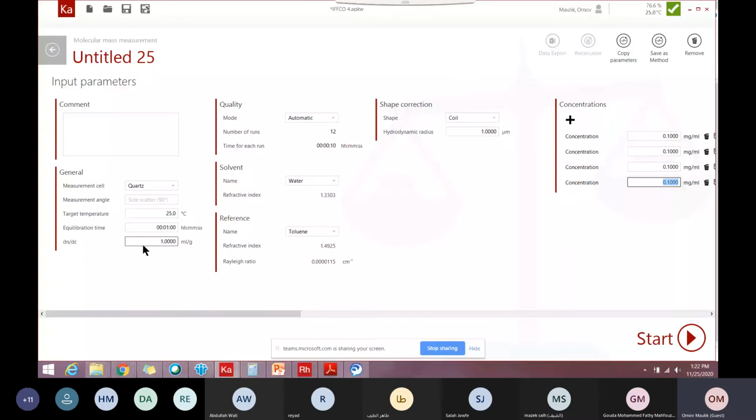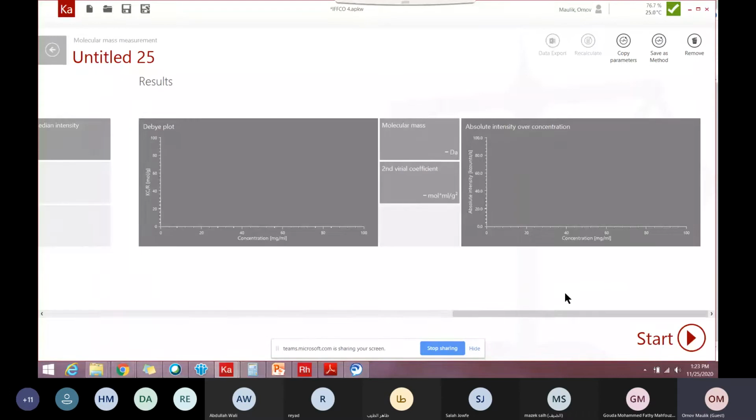In case you can do some hit and trial or search the literature for it, you need to input this particular change in refractive index in order to accurately predict. You get the Debye plot, and through that Debye plot the intercept will give you a value of the molecular mass and the second virial coefficient.